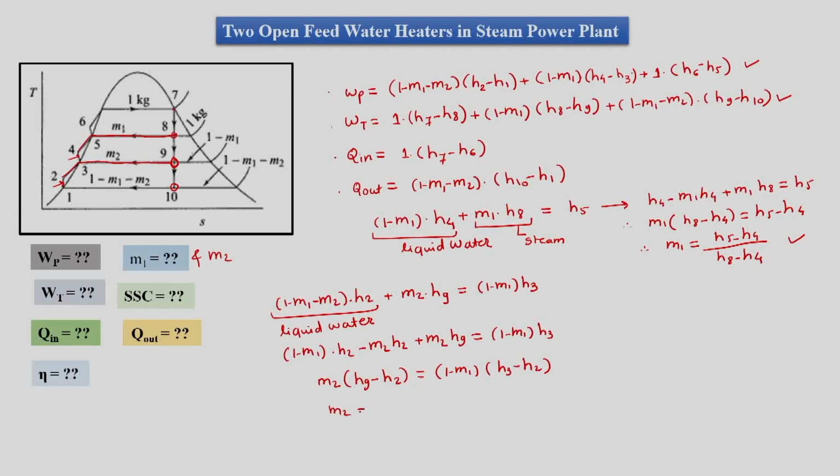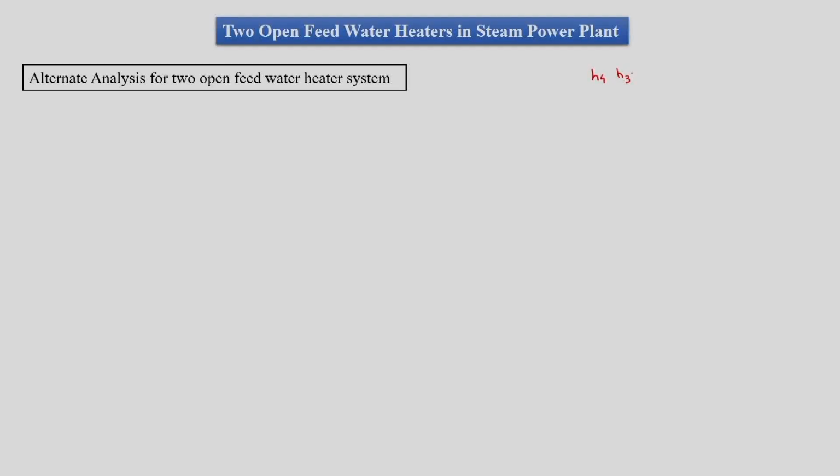So m2 is equal to (1 minus m1) into (H3 minus H2) divided by (H9 minus H2), and since we know m1, we can put it over here and find out m2. So this is how we would do the mass and energy balance for an open type of feed water heater. Then next, we can have two types of open feed water heater.